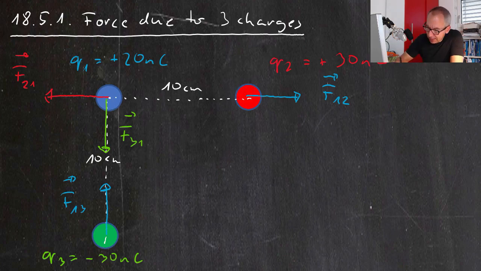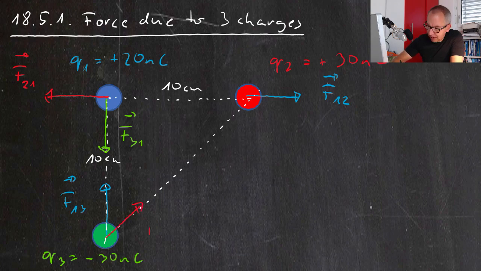The spacing in between here will be larger, and the force will be then that the green one, it's plus and minus, so it is attracting. So the green one will be pulled up in this direction.